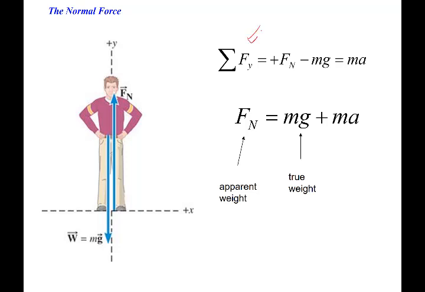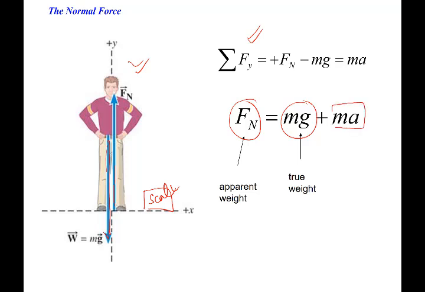Basically, we start with the weight vector vertically downwards and the normal force vertically upwards, just as we said that we depict forces upwards as positive and forces downwards as negative. Fn represents the apparent weight, which is the weight observed on the scale, and mg is the true weight.